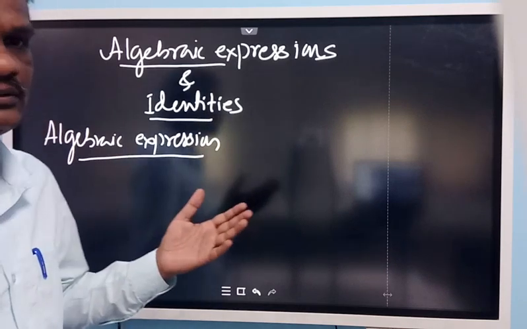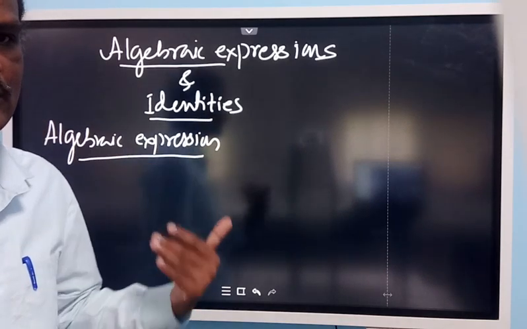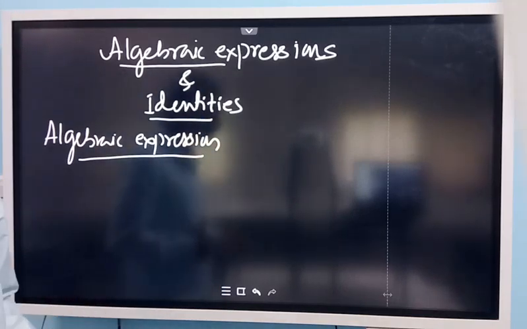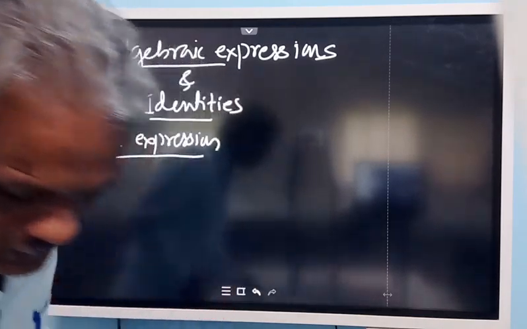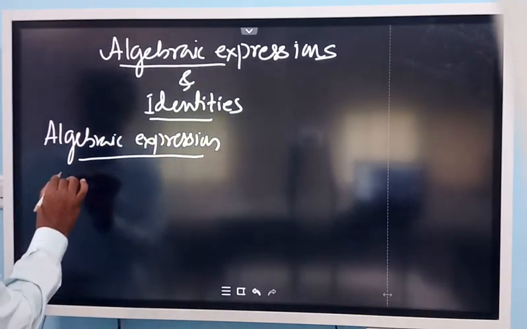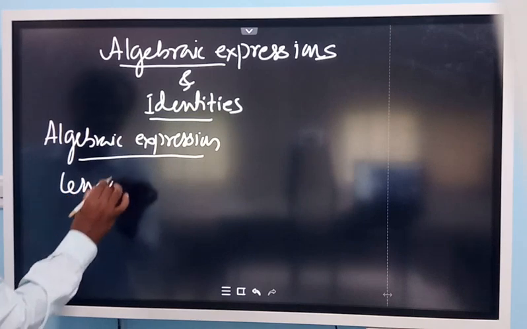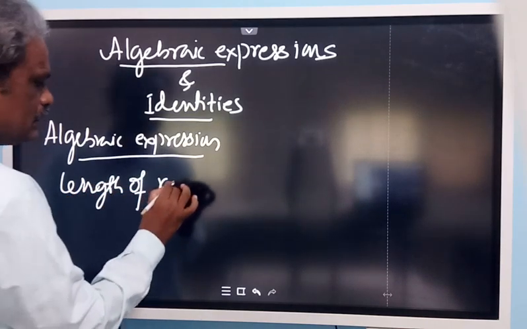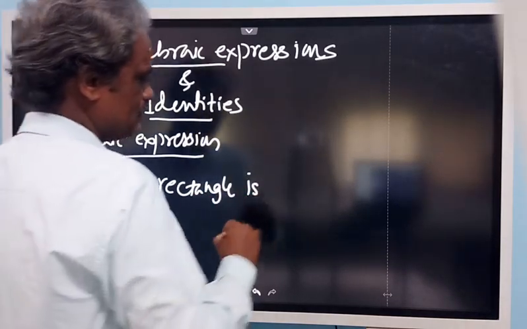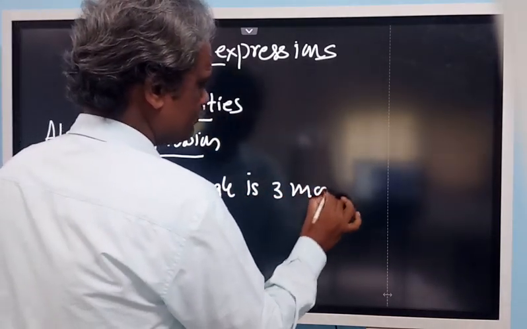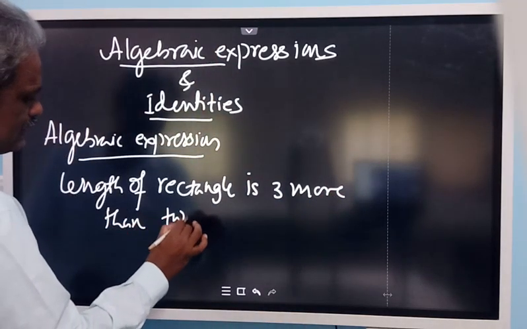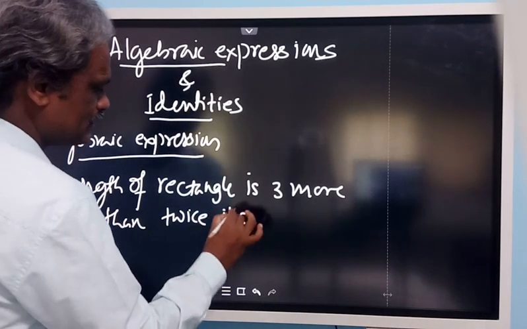Just like sentences in English, we also have statements in mathematics that are formed using words. I will take one example. The length of a rectangle is 3 more than twice its breadth.